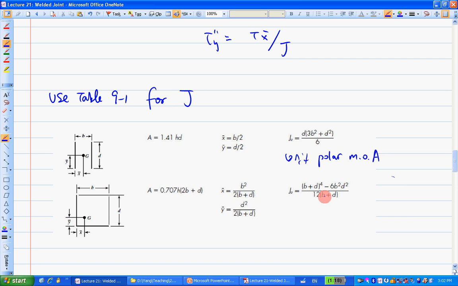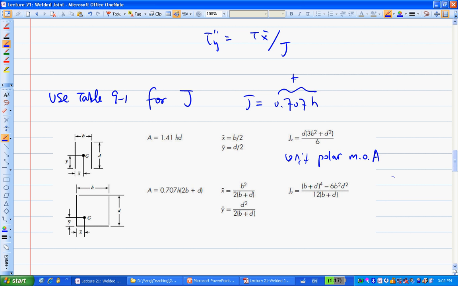So every one of them, every geometry, there's a JU. Then what is the J then? Right? What is the J? So remember, this is a unit thickness here. The T is set to 1, right? Set to 1. So what do we do? Basically, when we calculate the J, it equals 0.707 H. This is basically the T value, the actual T value.